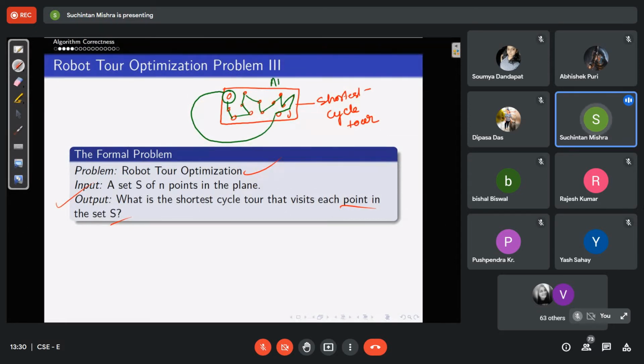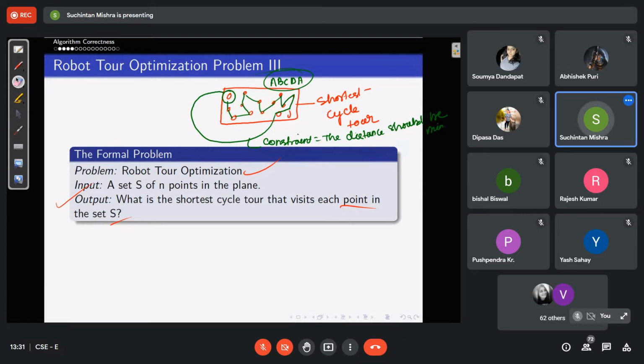When the starting and the ending points are the same, such a path is known as a cycle. So here we are going to go for a cyclic tour, but the constraint is that the distance should be minimum.